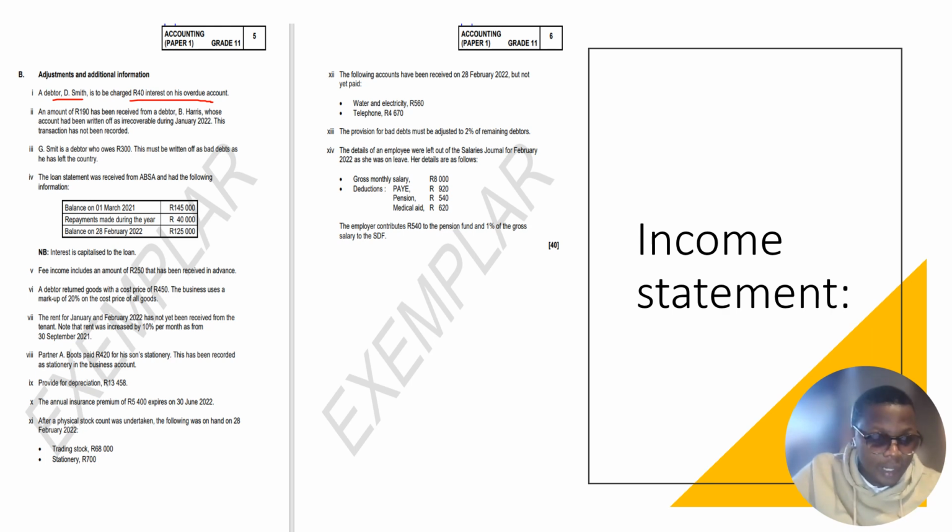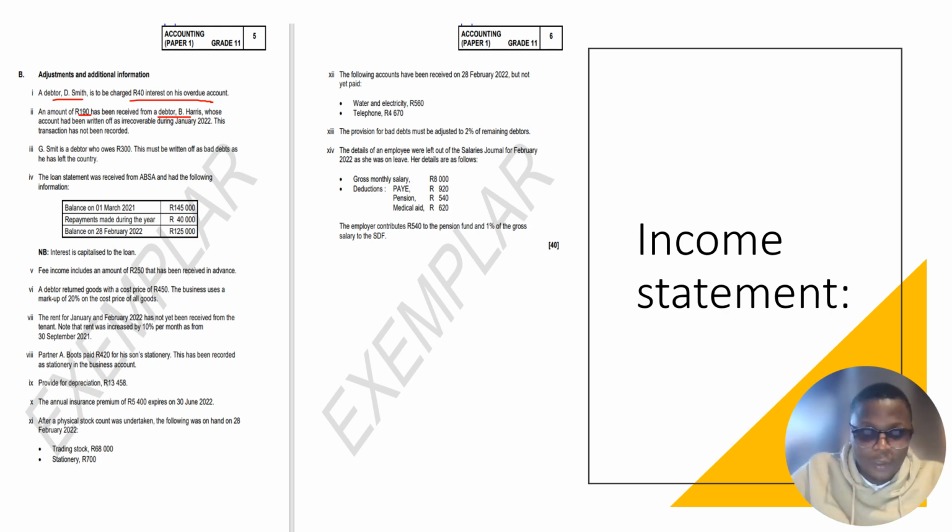The next one, an amount of 190 has been received from a debtor whose account had been previously written off as irrecoverable during January 2022. This transaction has not been recorded. So they're saying that we've received 190 from a debtor that was previously written off.